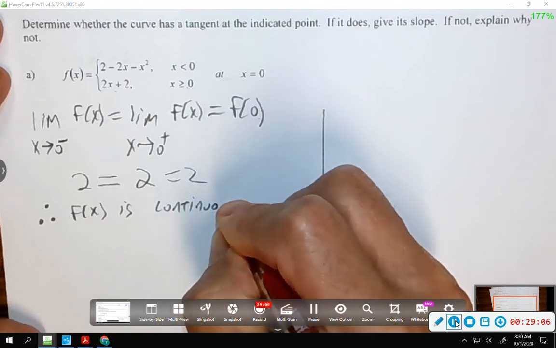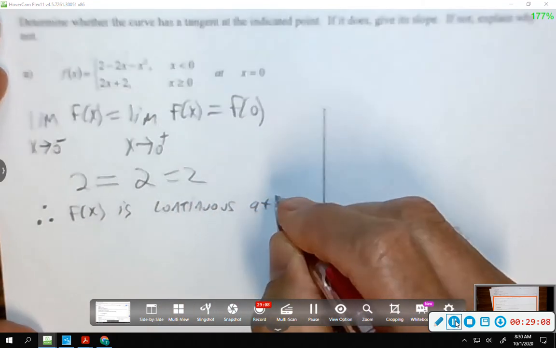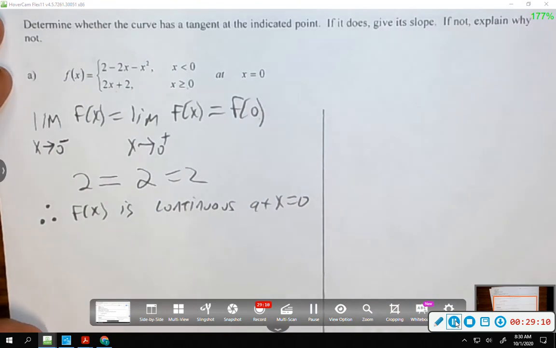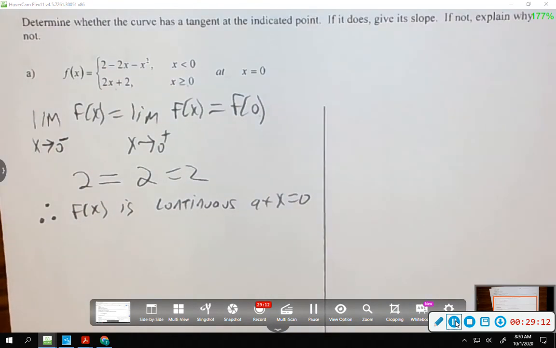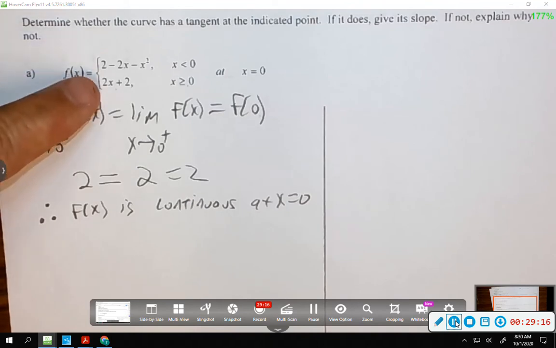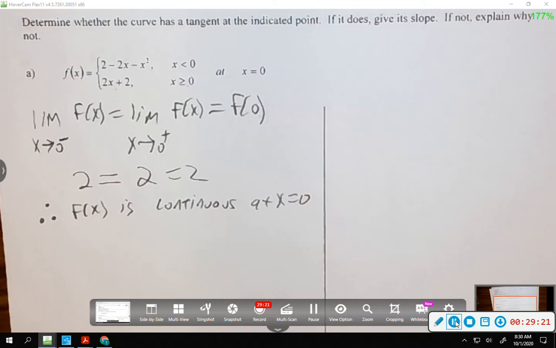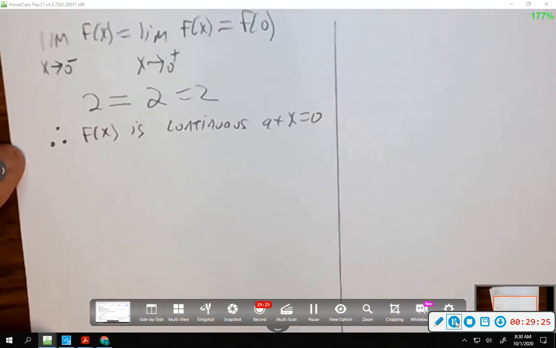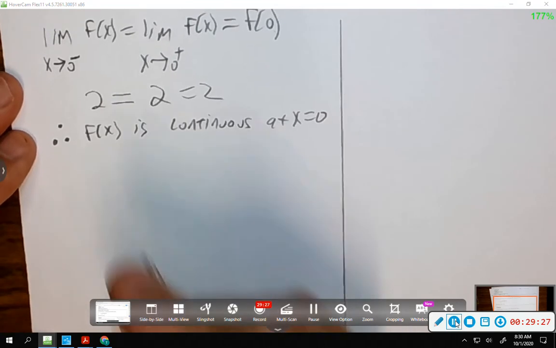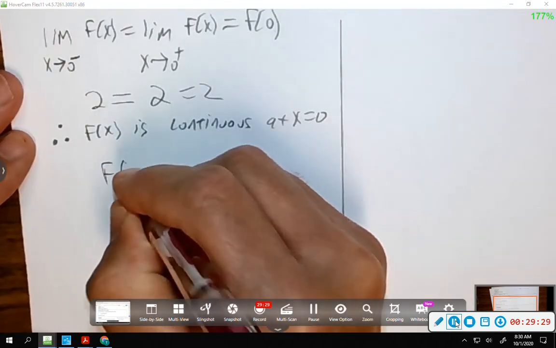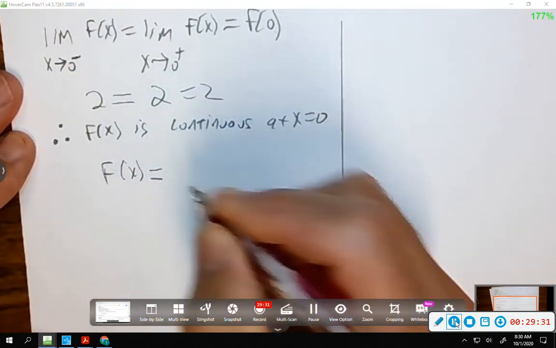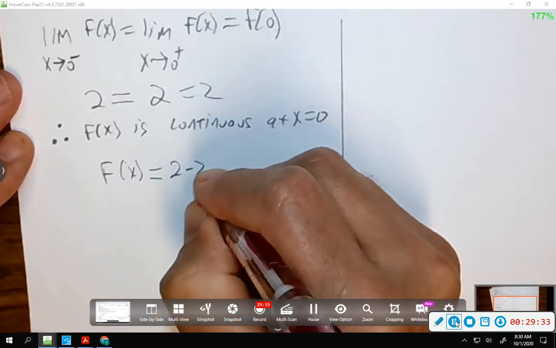at x equals 0. So now, if the slope exists, I have to check to see if the slope from the left equals the slope from the right. And we have to check it using this slope definition, this limit definition for slope. So on this part, the left-hand side is this function that I'm going to use, 2 minus 2x minus x squared.